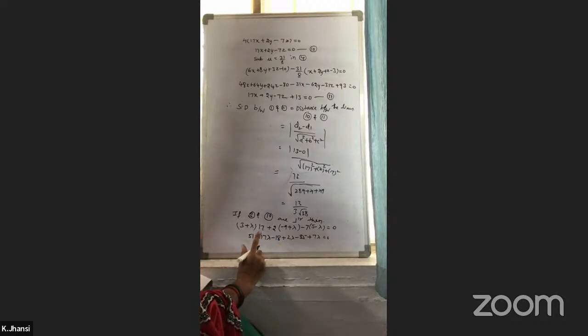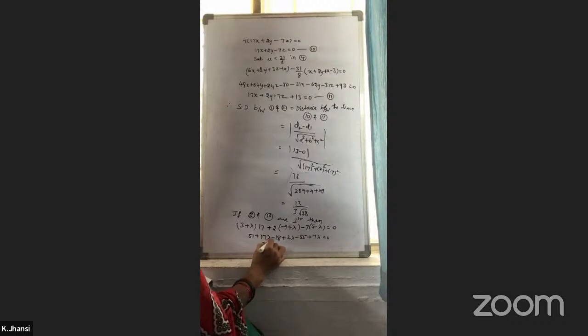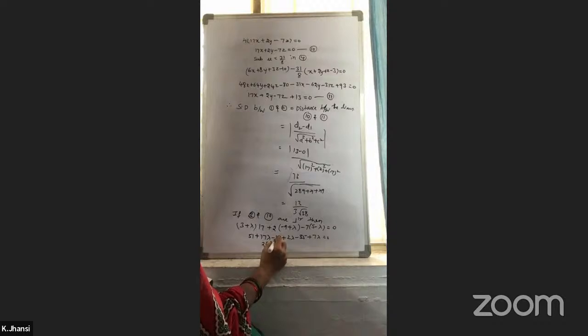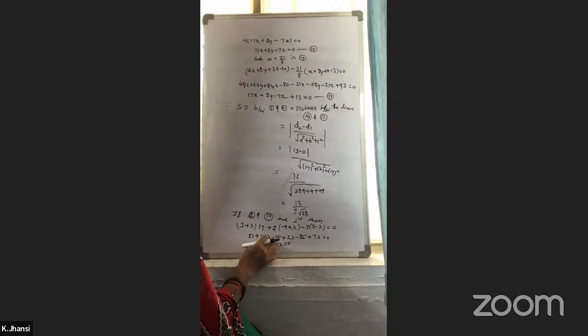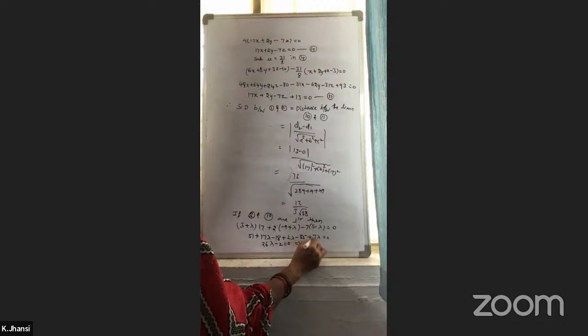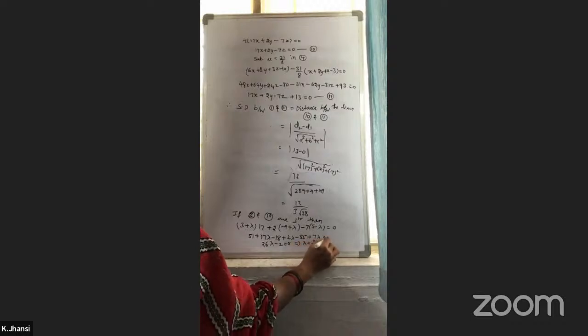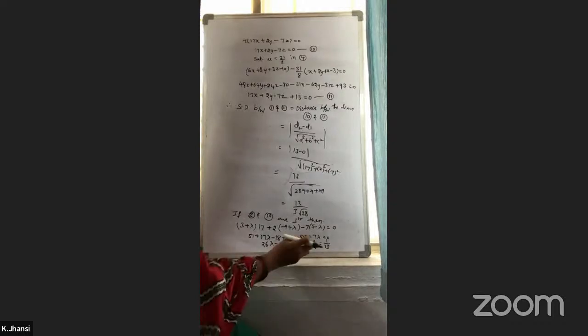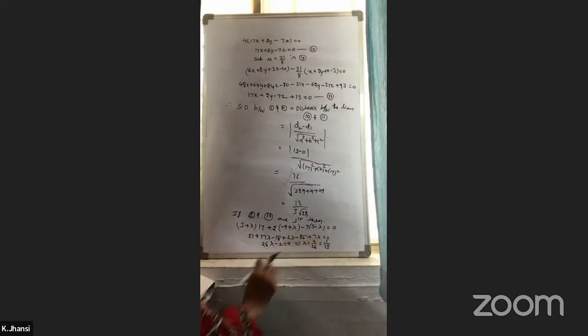When you simplify this and find the lambda value, you will get 26 lambda minus 2 equals 0, that is lambda equals 2 by 26, which is 1 by 13. Okay. So we got the lambda value equal to 1 by 13.